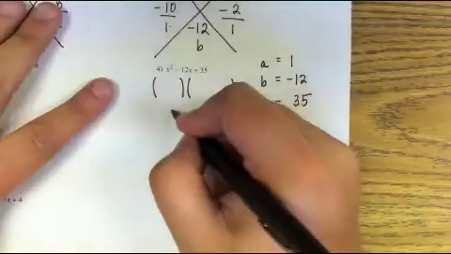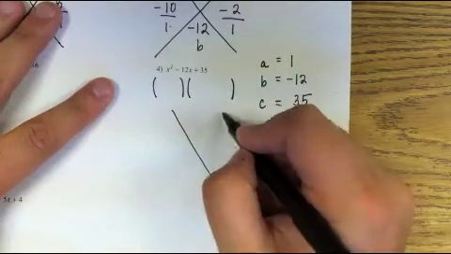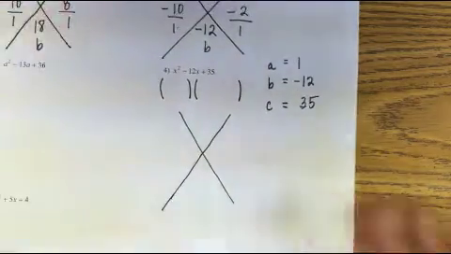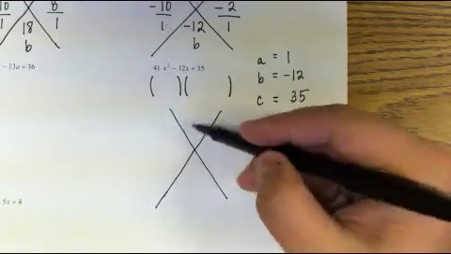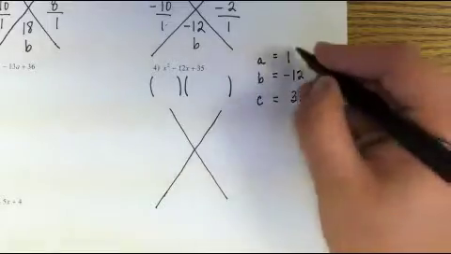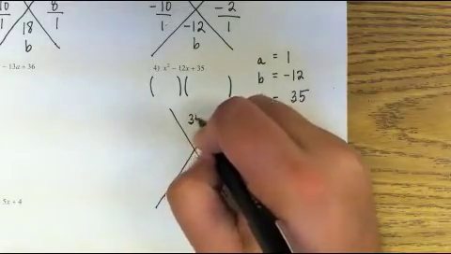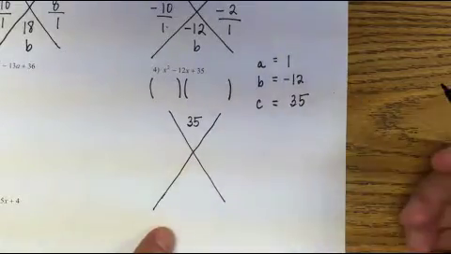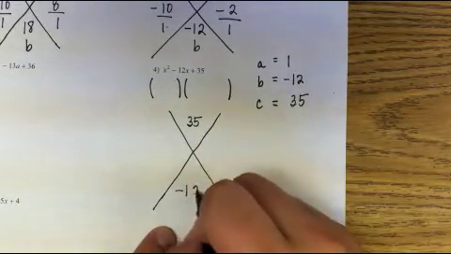Okay, we're going to make our big X on our paper. Now the top portion here is A times C, so 1 times 35 is 35. And the bottom is always going to be B, which in this case is negative 12.